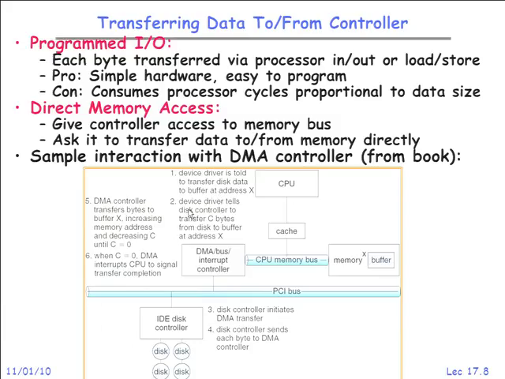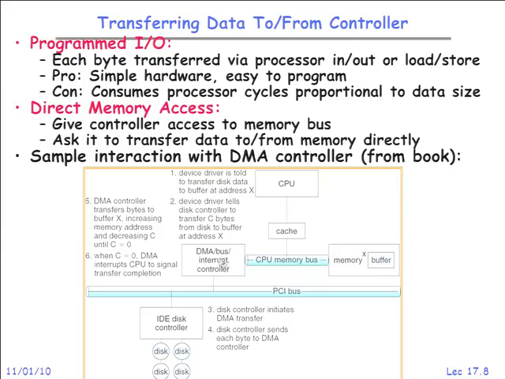And then later, the disk controller initiates the transfer after it's moved the heads to the right place. Okay, and it transfers data one at a time. And notice that here's the disk. The data is going to come off the disk controller, go across the bus, possibly through the DMA controller, and directly to memory, and no CPU involved.